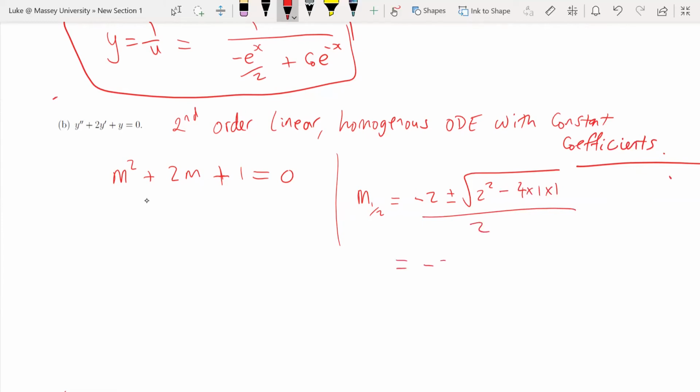Okay, well this is equal to negative 2 plus or minus the square root of 0, right? Because 2 squared is 4, minus 4, over 2. So this is actually just equal to minus 1. So m1 equals m2. We have a repeated real root.